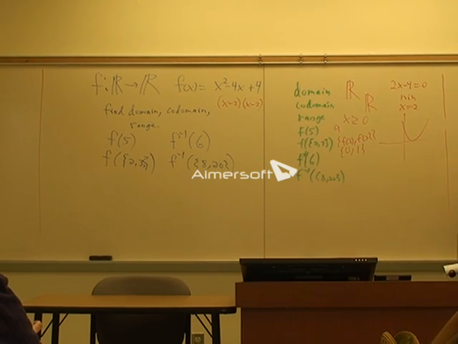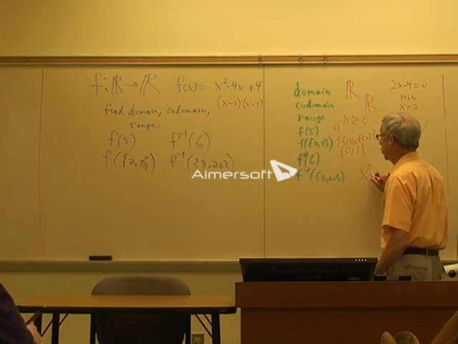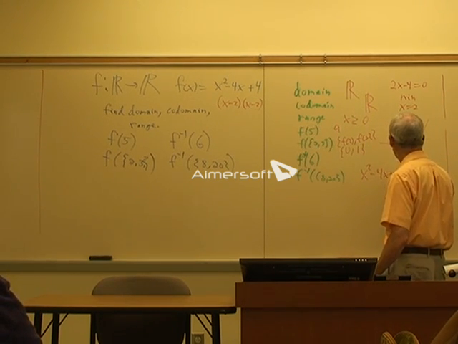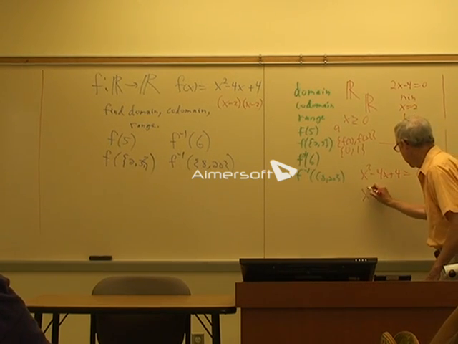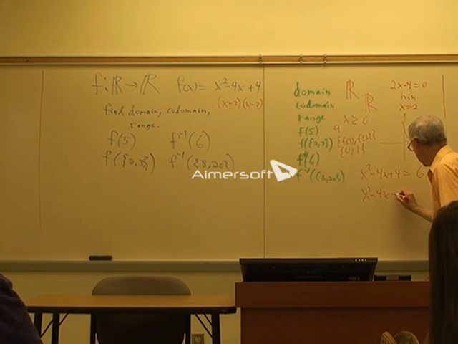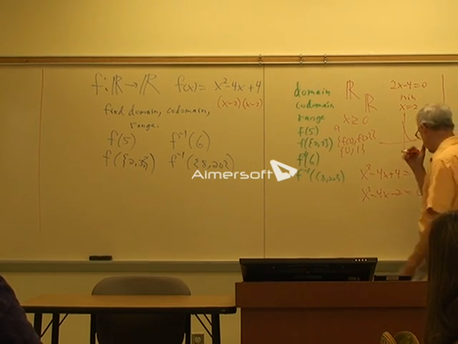How about f inverse of 6? Well, to get that, I have to solve the equation x squared minus 4x plus 4 equals 6 and figure out all the values. That's the same as x squared minus 4x minus 2 equals 0. Did anybody solve that yet? I don't think it factors nicely. You have to use the quadratic formula.